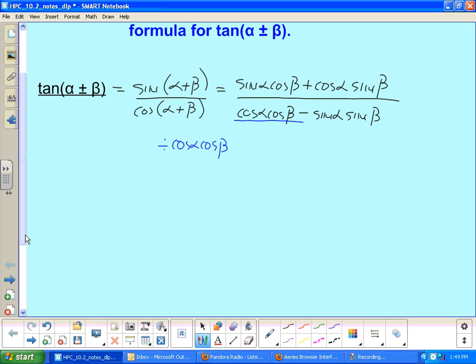And it comes up to this: sine alpha, cosine beta. And then those are each going to get divided by the cosine alpha, cosine beta. We're going to do the same thing with the denominator.